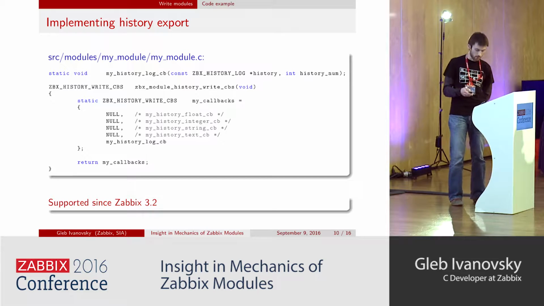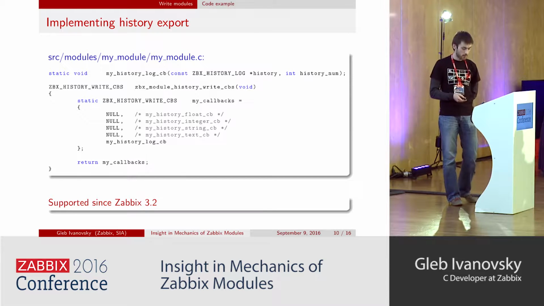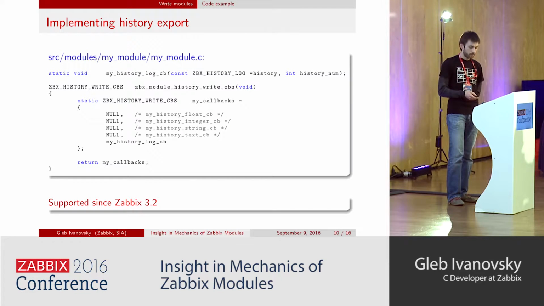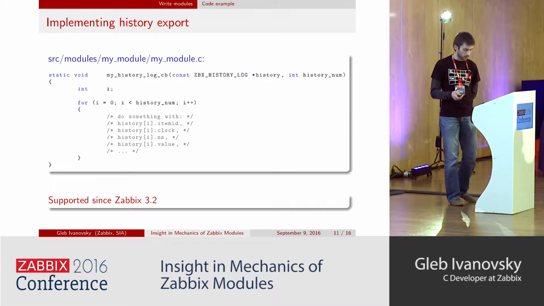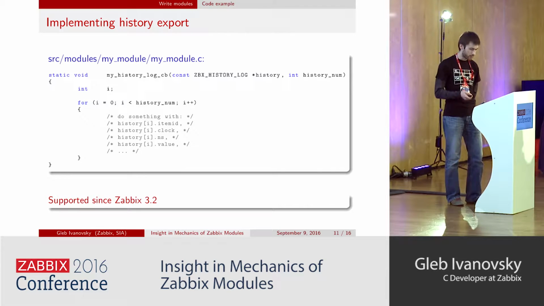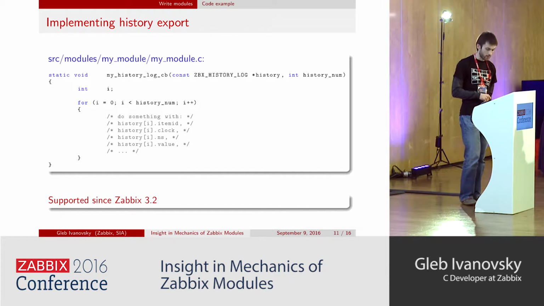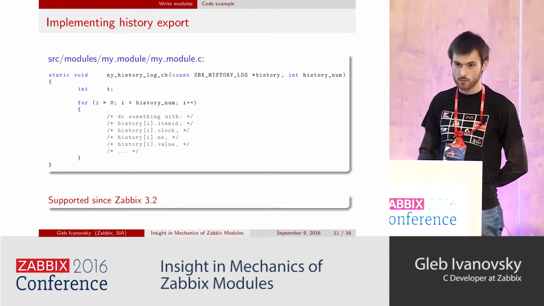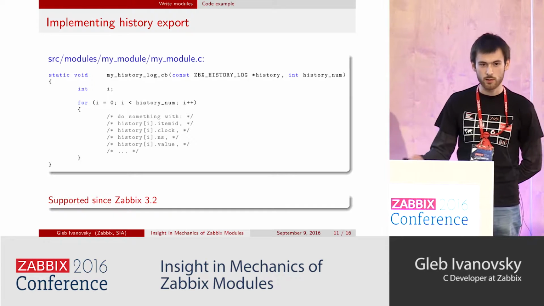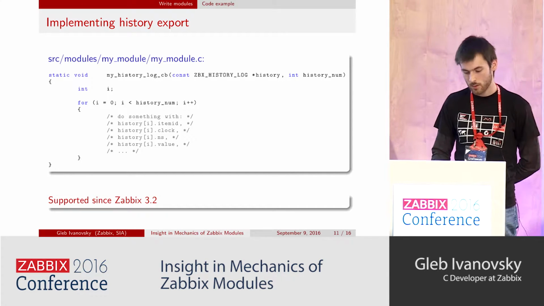I'm just interested in log items. And then comes implementation. I implement my callback function where I simply iterate through history array of history log structures and do something with item ID, clock, nanoseconds, value, source, log event ID, and all the other fields.